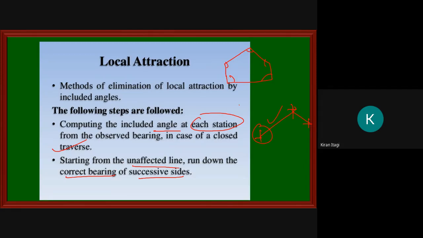And also, if the total should be 360 degrees and I am getting 359 degrees 30 minutes, a difference of 30 minutes, then I will divide this 30 minutes among all the four angles. Like that also we can do.